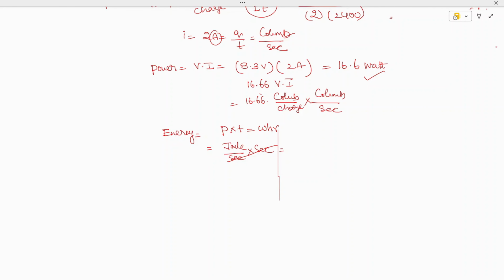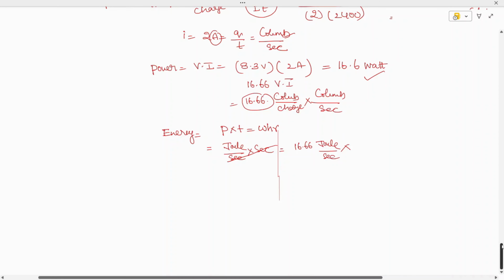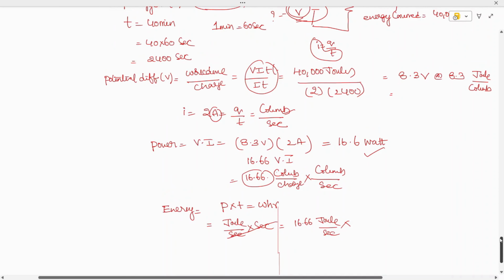The amount of power we obtained here is 16.66 joule by second. If you substitute the time of 2400 seconds, the seconds cancel out.